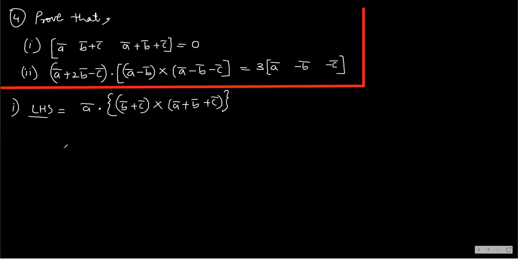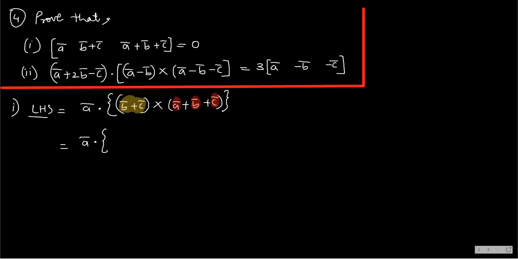So here, next step, see what I get. I will get therefore A bar dot, and you know what next I'll do? I will distribute. See, this is a vector. B bar plus C bar is a vector. You have cross with this vector. Now in this vector, you notice that you have A bar plus B bar plus C bar.